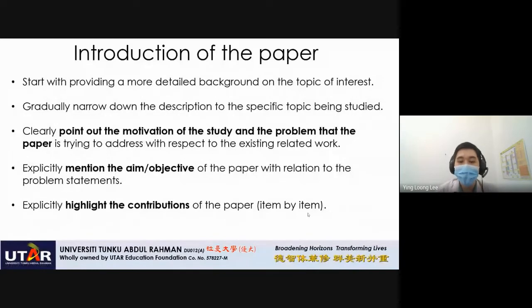If possible, you can create a new system model. So that would be one contribution. And then you develop a new problem. Okay, there's a problem that people have never investigated before, and you have formulated it mathematically, maybe. So that is also one contribution. And then you propose a solution to the new problem that you're trying to solve, right? That is another contribution, right?